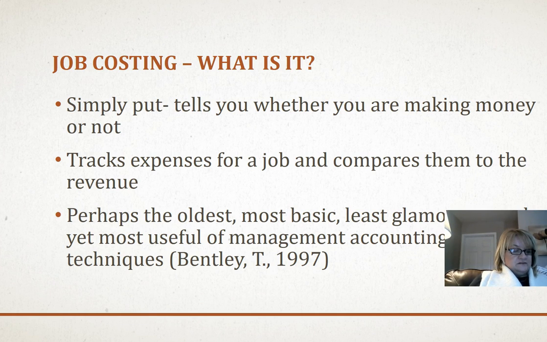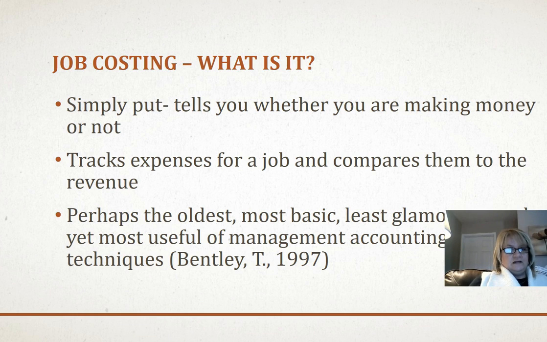Job costing results in discrete buckets of information about each job that the cost accountant, us, can review to see if it really should be assigned to that job. And there is a chance that it shouldn't have been assigned to that job. So we have to review those to make sure that they should be.